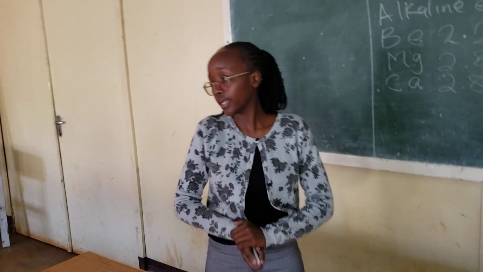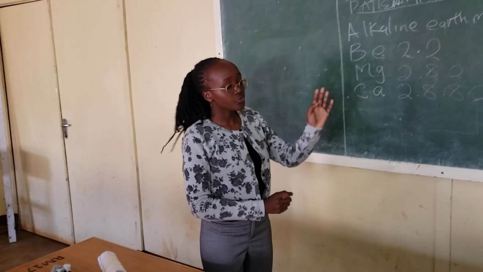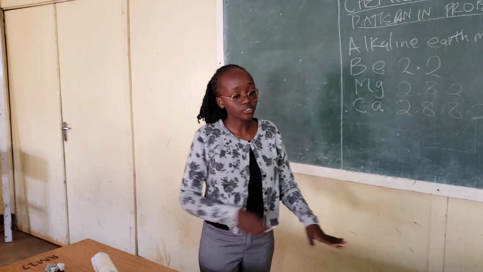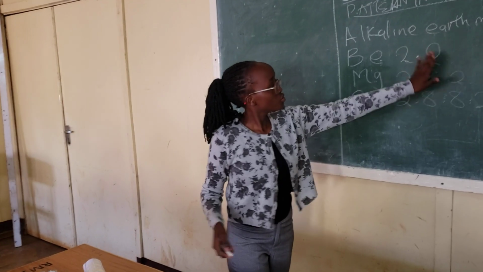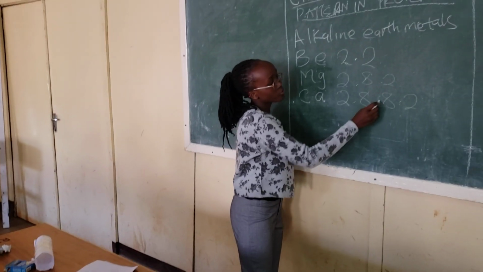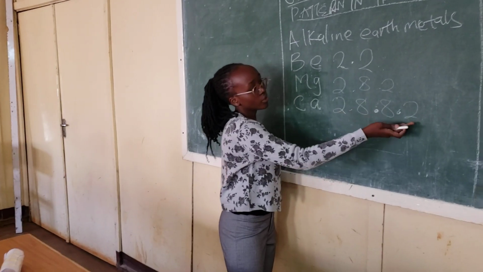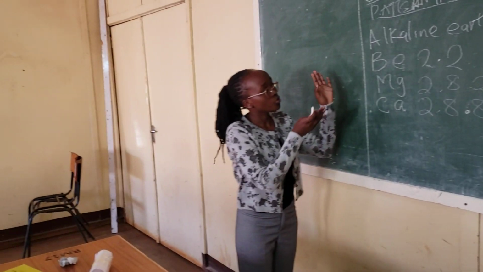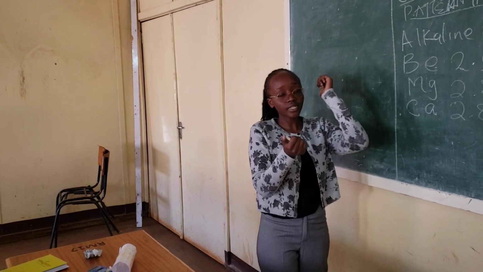Has everyone done that? Has everyone understood? You've seen from the chart that we have two. Whenever you write them, make sure you check for these elements from our previous class.